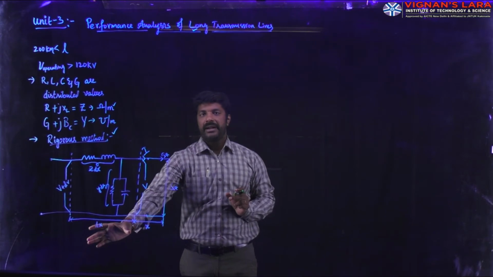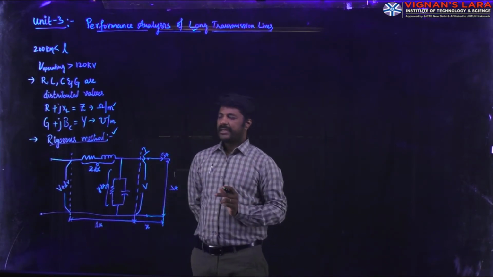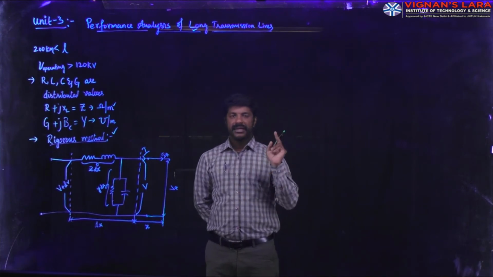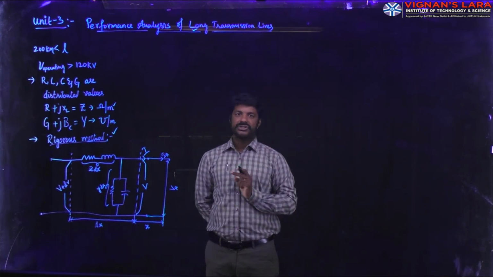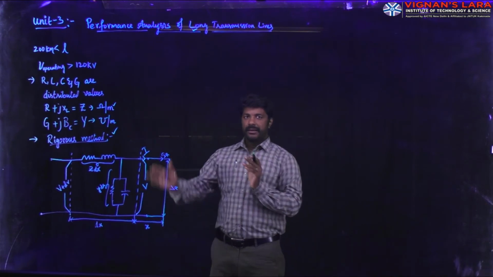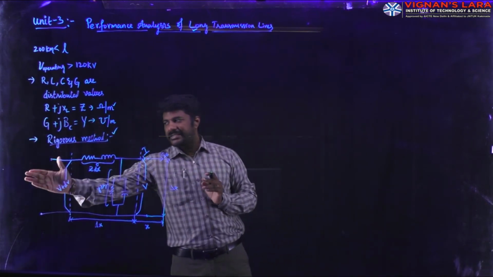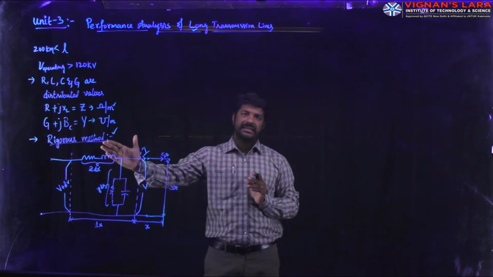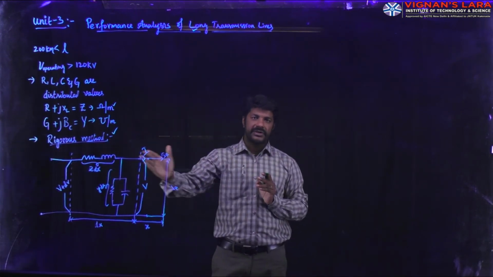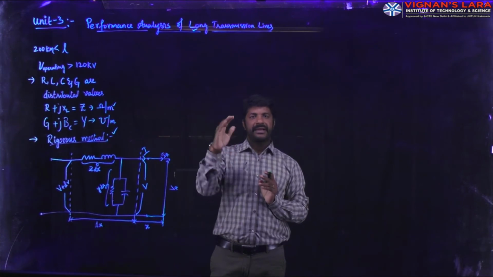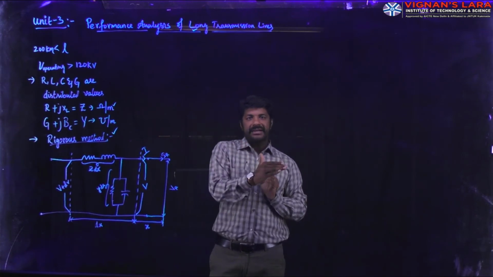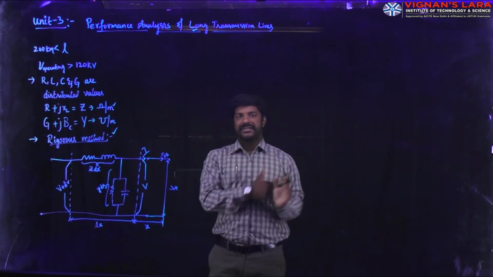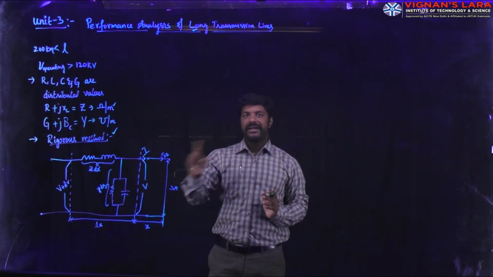Also, because of the shunt branches, there will be shunt currents. Starting from the sending end side, the magnitude will be higher. As we move towards the receiving end side, the magnitude keeps decreasing, and the shunt current will be zero when it reaches the receiving end side. That is one more identification.